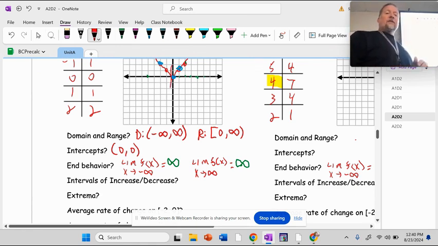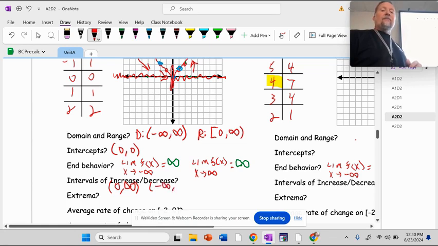Intervals of increase. You're supposed to name the x's that create the increasing y behavior. So these are the x coordinates that create the increasing behavior, from 0 to infinity. And then when I plug in these x's in order from left to right, I get this decreasing behavior for the graph.